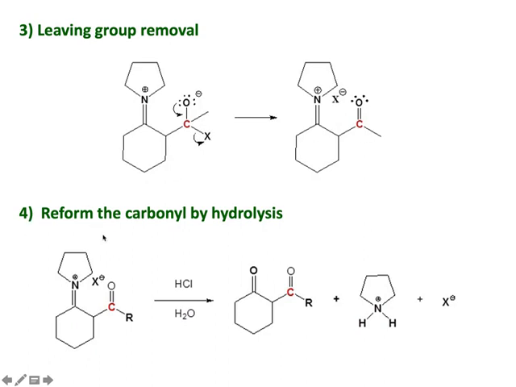Number 4, reform the carbonyl by hydrolysis. Once you get here, we don't want N with positive charge. So X minus, using HCl and water, reforms the carbonyl by hydrolysis.